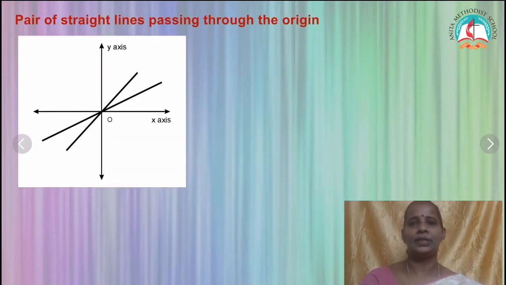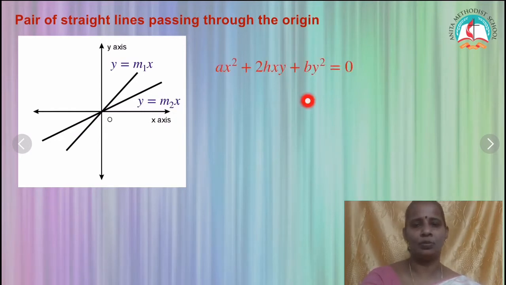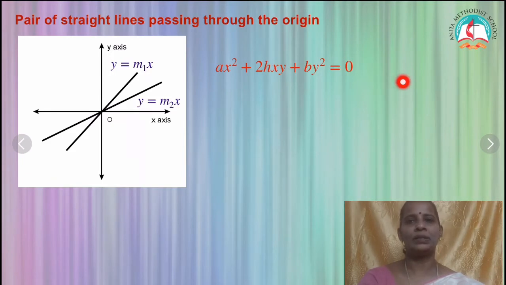Now, look at the next one. You have two straight lines, and I want to find out the combined equation passing through the origin. Suppose the first equation is y is equal to m1x, the second equation is y is equal to m2x, then the combined equation will be of the form ax square plus 2hxy plus by square is equal to 0.